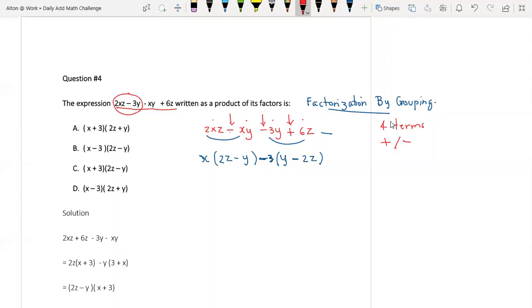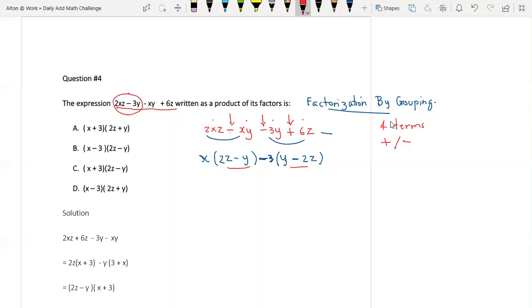Now, how do you know you're on the right track with factorization by grouping? When you factorize initially, the terms in brackets must be arranged in the same way. Or another way, the factors in brackets must be written the same. Now in this case, notice you have 2z minus y. 2z is written first and it's positive.